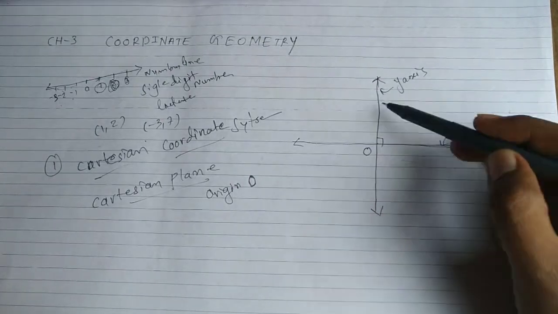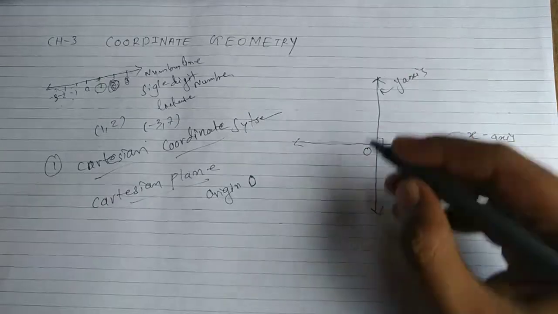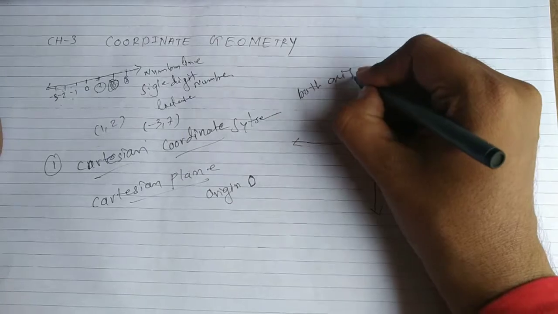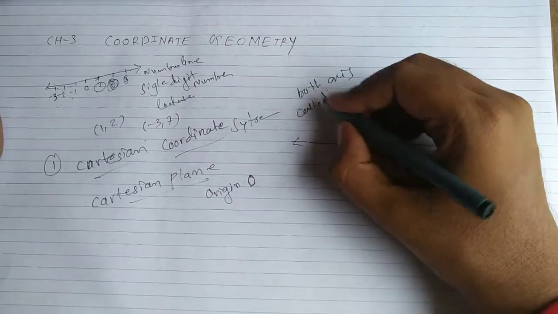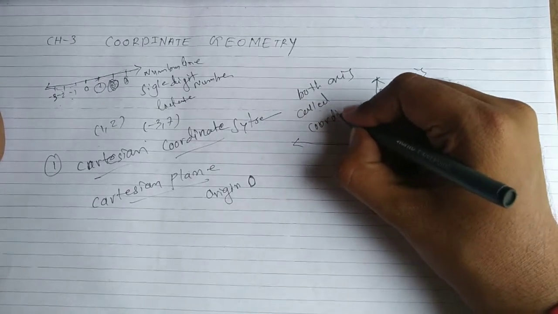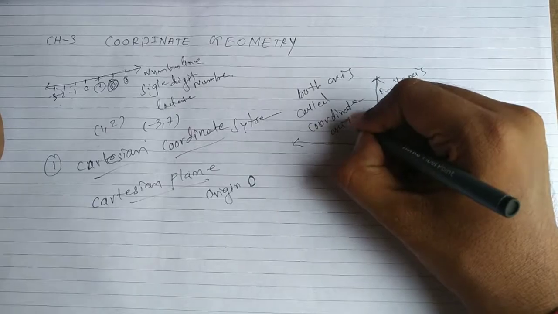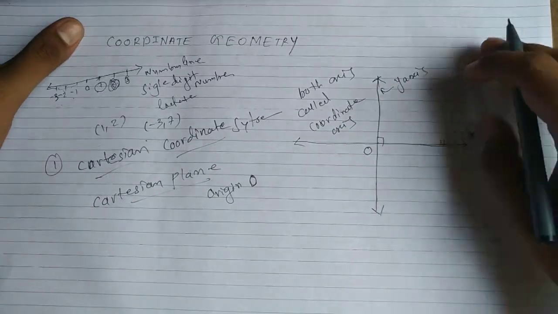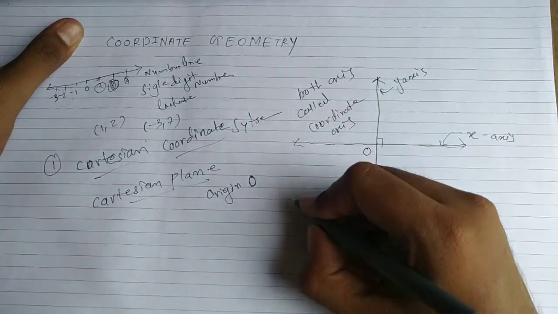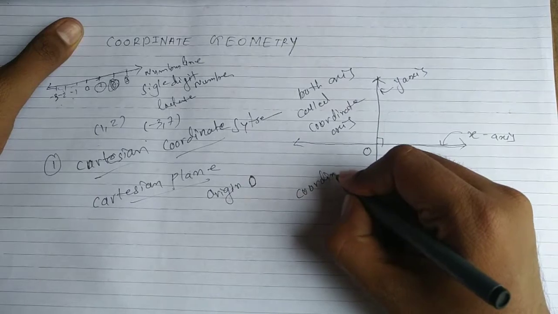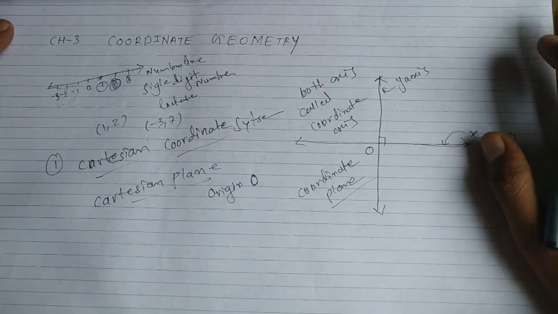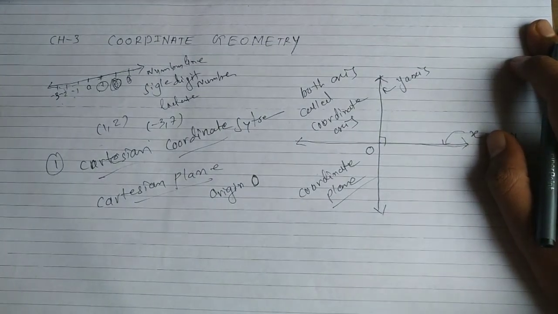Both axes are called coordinate axes. And the whole plane is called the coordinate plane.